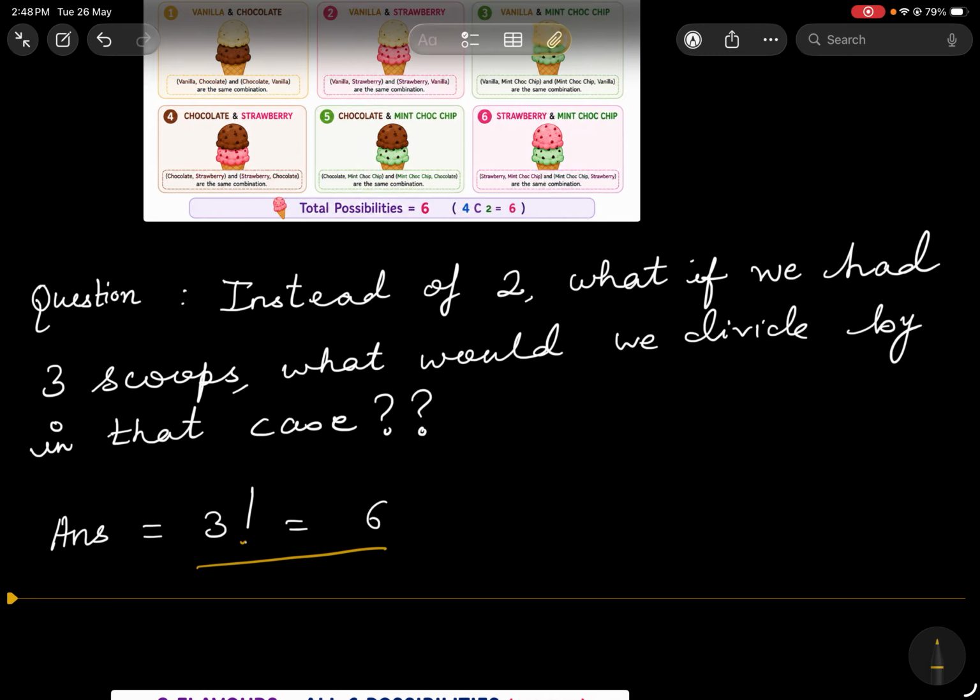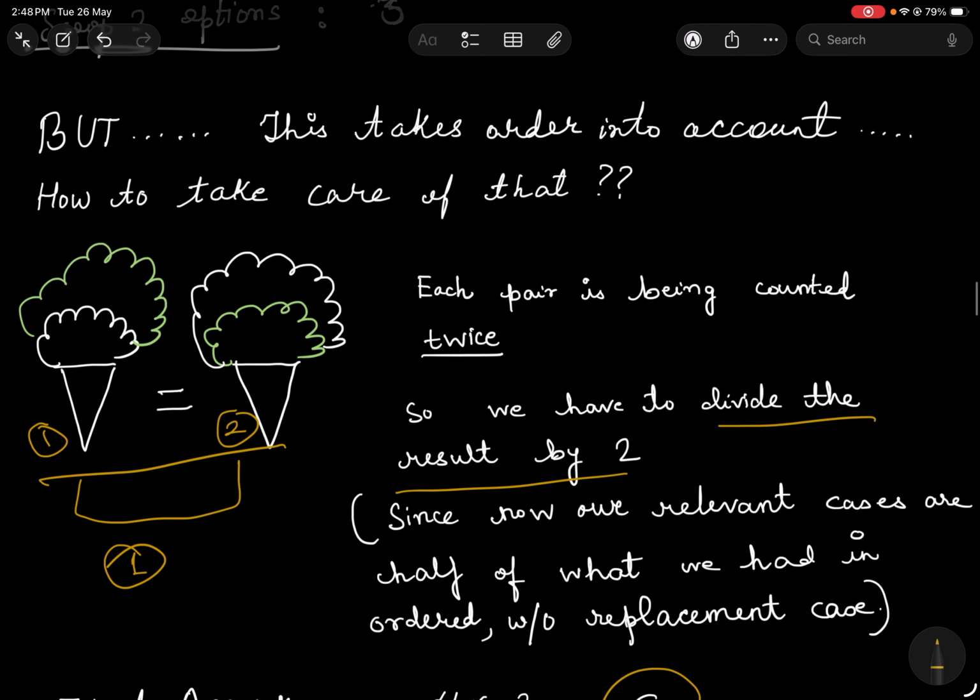So what this basically means is that if I am shifting from ordered to unordered, every case, suppose here I had vanilla and mint choco chip. Now vanilla and mint choco chip, there are 2 possibilities in which it can be ordered. It can either be vanilla and mint choco chip, or mint choco chip and vanilla.